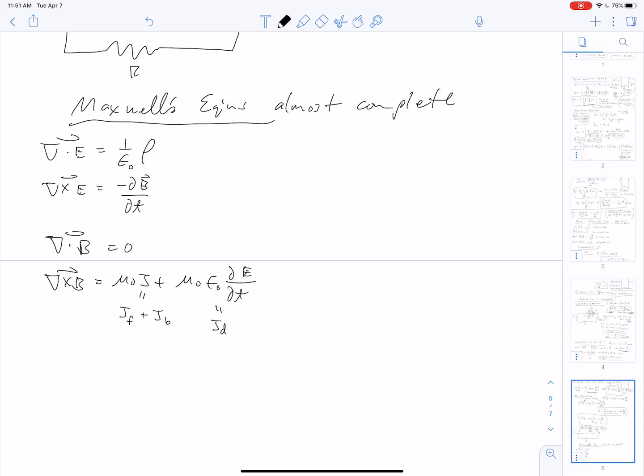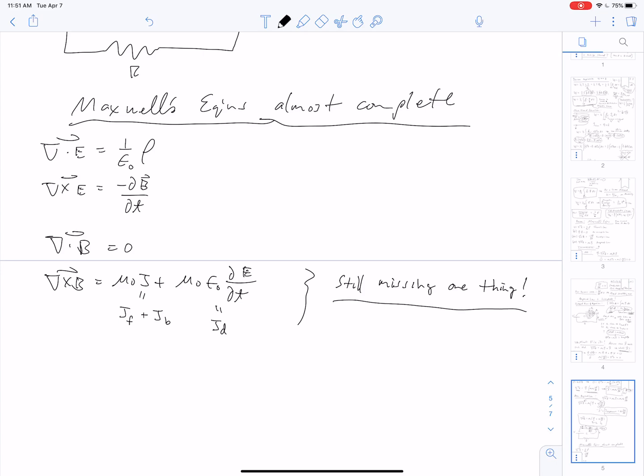But it turns out that there's still one thing that we're missing. It's almost complete, but we're still missing one thing. Oh man, what is it?